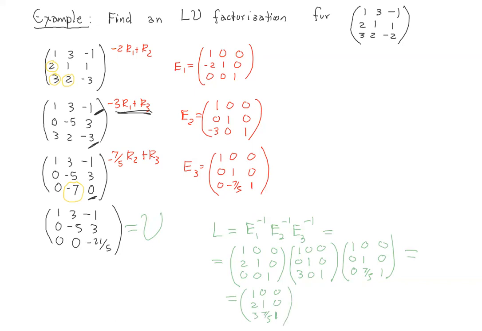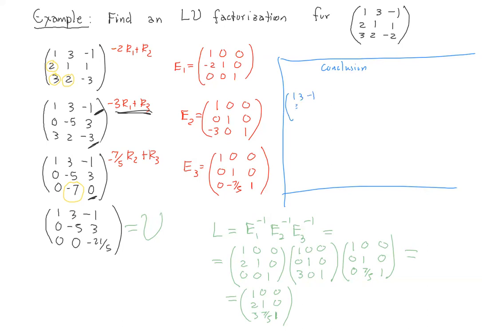So here's the conclusion of this whole story. The conclusion is that our original matrix, 1, 3, negative 1, 2, 1, 1, 3, 2, negative 2, is written as 1, 0, 0, 2, 1, 0, 3, 7/5, 1 times 1, 3, negative 1, 0, negative 5, 3, 0, 0, negative 21 over 5.